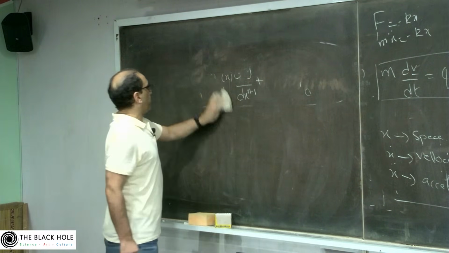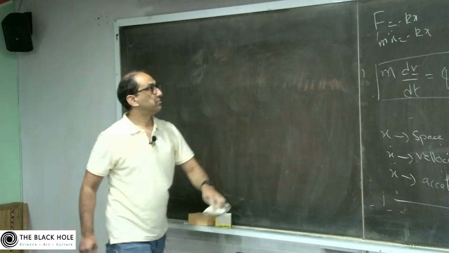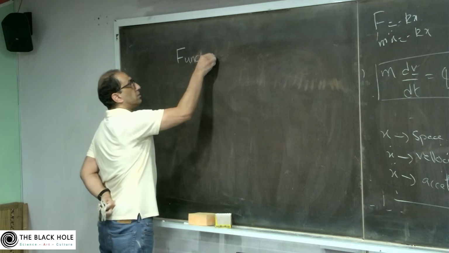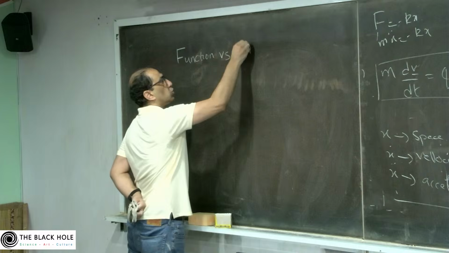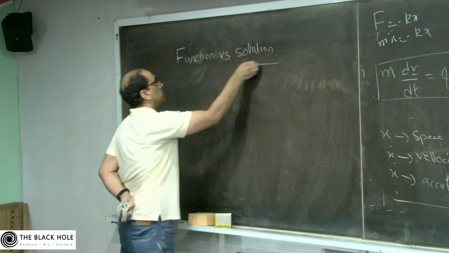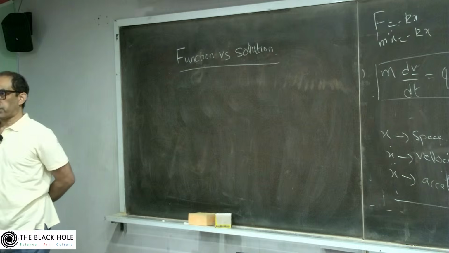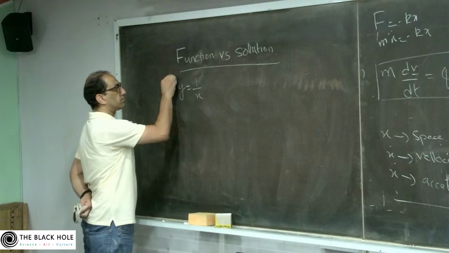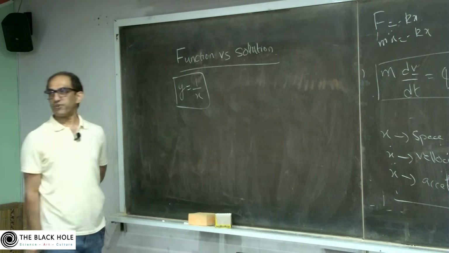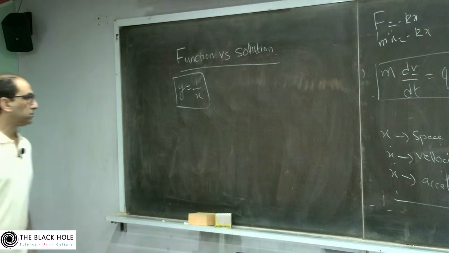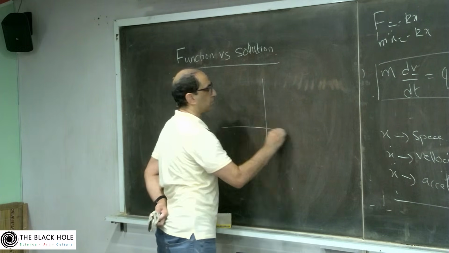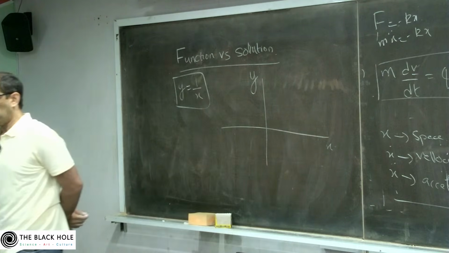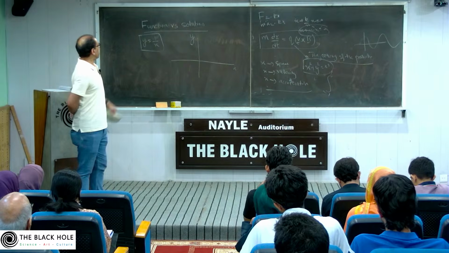Now there is a very important distinction that you need to make: function versus solution. Let's say this is the solution of a differential equation, and I draw the graph of it.